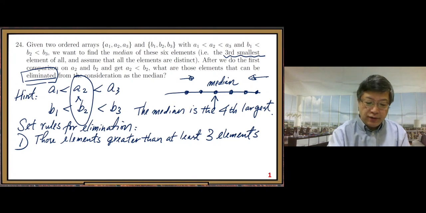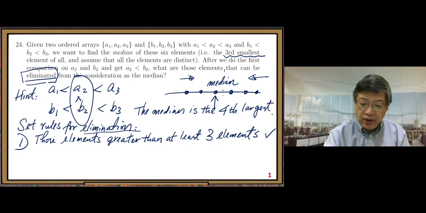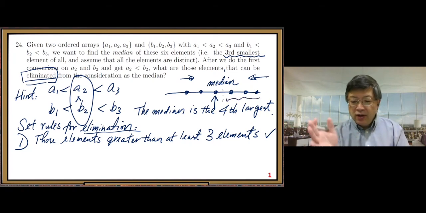Because for elimination, those elements greater than at least 3 elements should be eliminated.